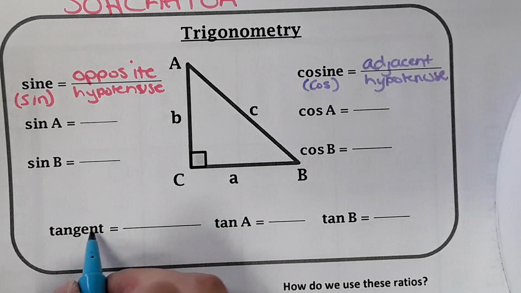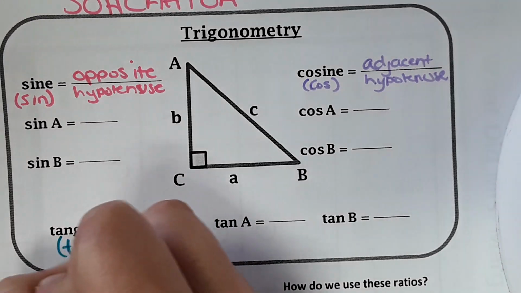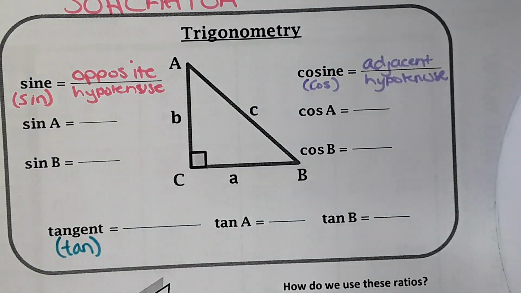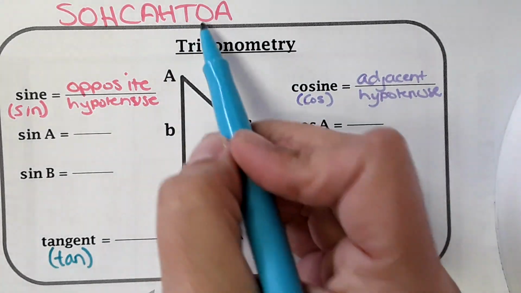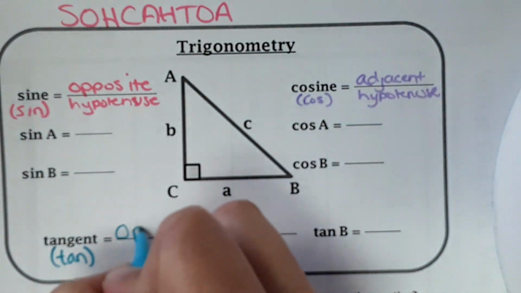And then tangent, which is abbreviated tan on the calculator, is opposite over adjacent.